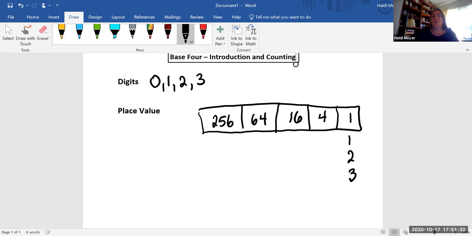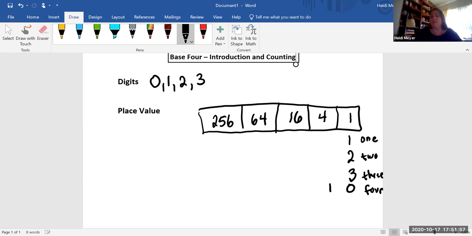So after we hit 3, we carry over, and that thing that looks like a 10, it's a 1-0. It's not a 10. This many is 10. It's a 1-0, one group of 4 with no ones. So far we have 1 and 2 and 3, and then we have 4.